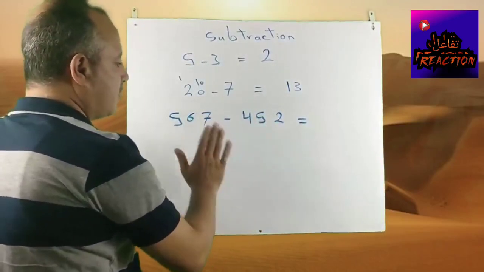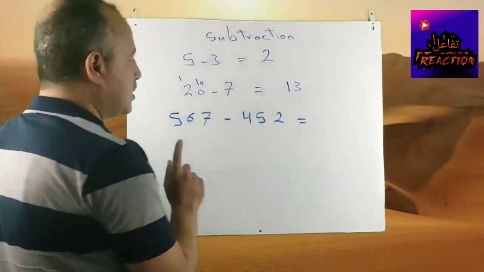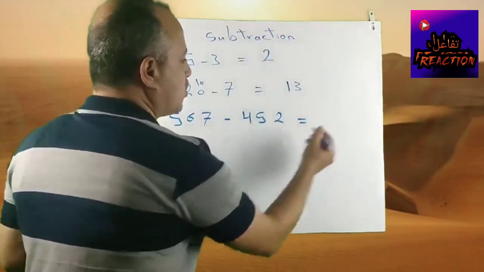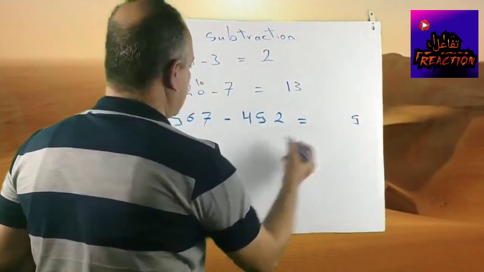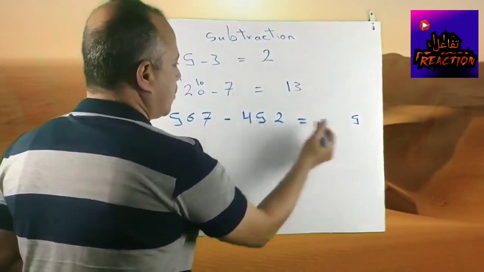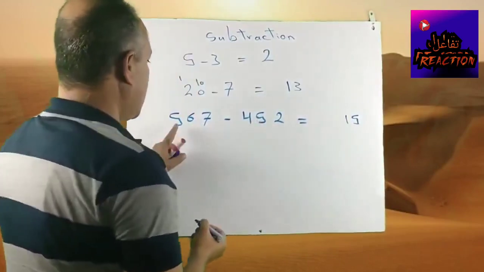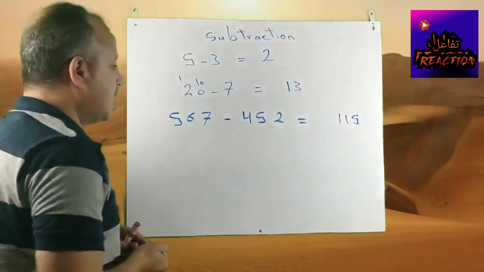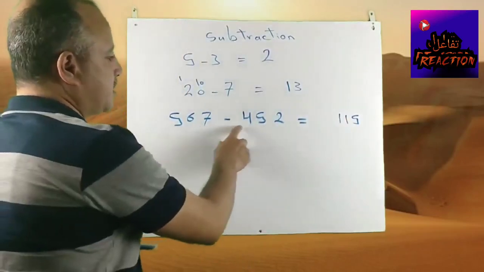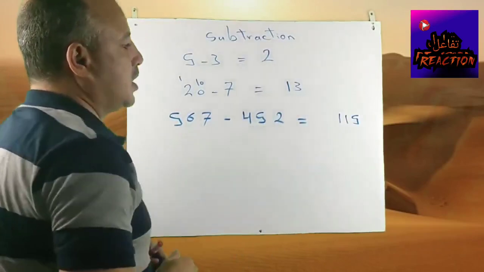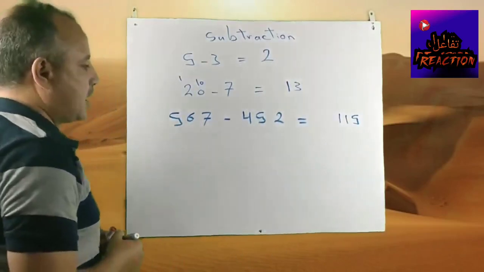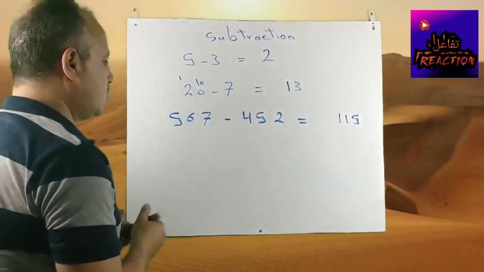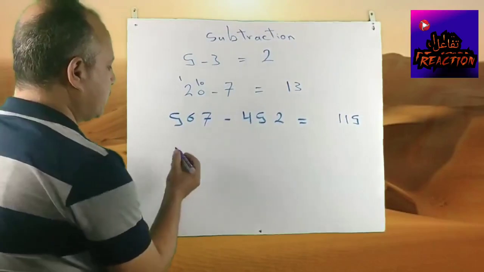Ordering and arrangement is very important here in subtraction. 7 minus 2 equals 5. 6 minus 5 equals 1. And 5 minus 4 equals 1. So 567 minus 452 equals 150.